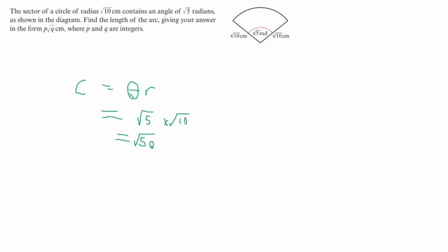Now, let's simplify root 50 because that's not in its simplest form. That's the same as root 25 times root 2. So the answer is 5 root 2 centimeters.